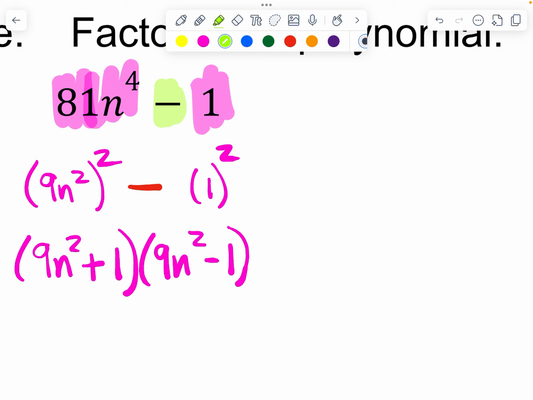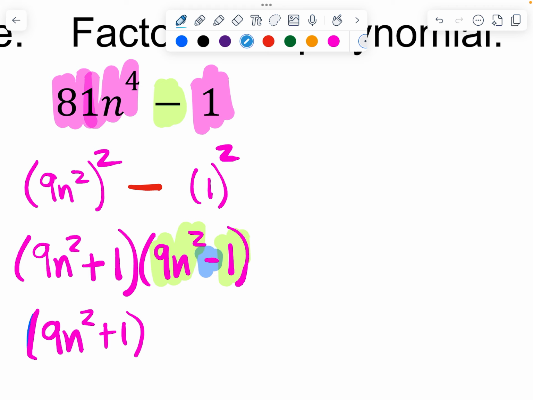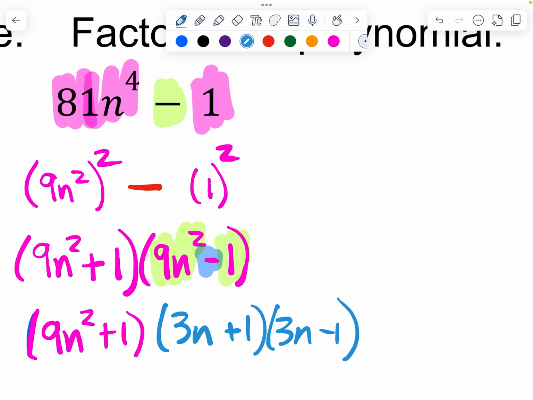Then I'm going to look. Is this a perfect square? Is this a perfect square? Is there a minus sign in between? There is. So I have 9n squared plus 1, and I'm not going to change that. And then I have 3n plus 1, 3n minus 1.